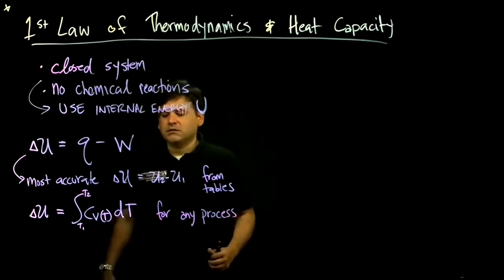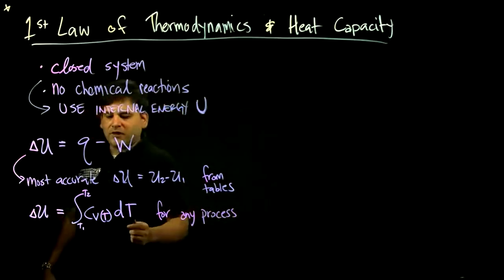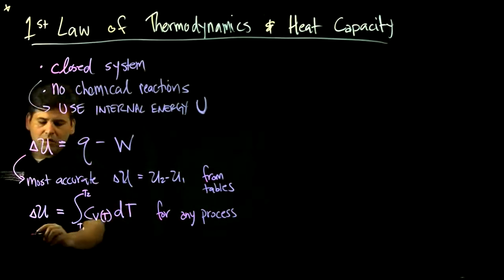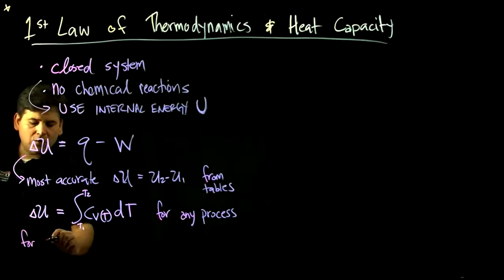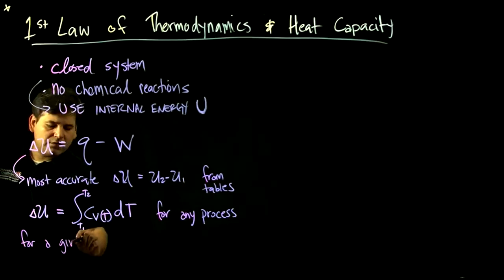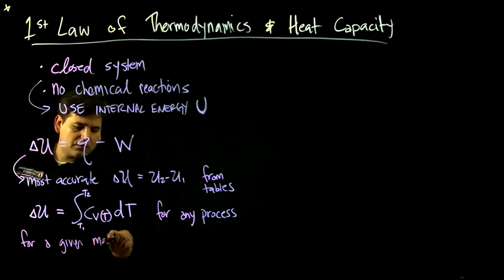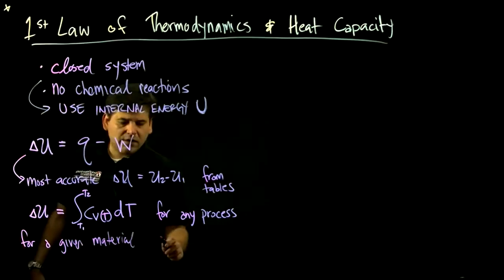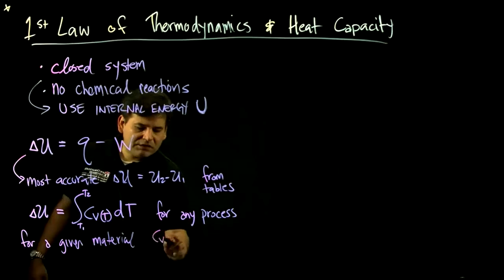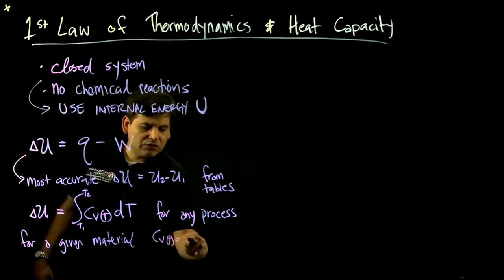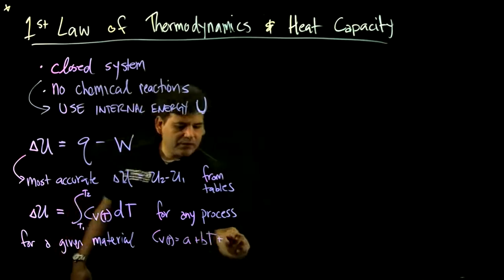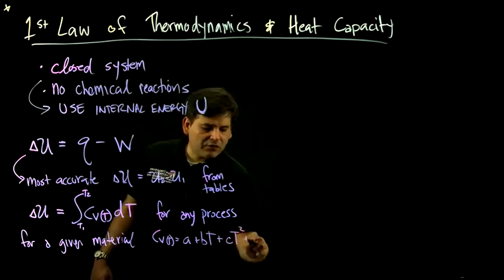And often you can find this in terms of a polynomial. For a given material, you can find CV as a function of T equals A plus BT. For example, this is a common form.